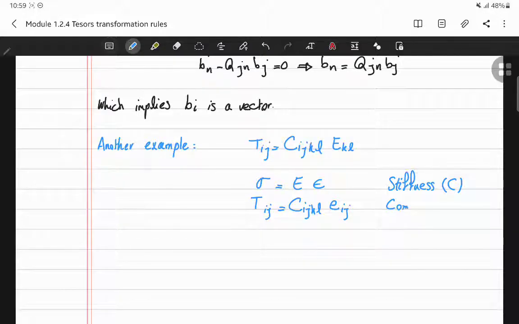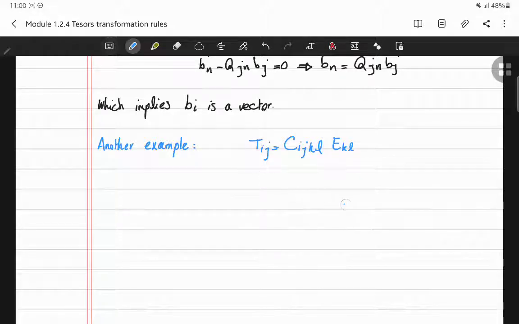We call it compliance, and we show it with S. I don't know why, but this is the reason. So whenever you see C, it is the stiffness, and S is the compliance, and this is the notation that most of the books follow. And that's it. So actually, this is nothing but the generalized Hooke's law.